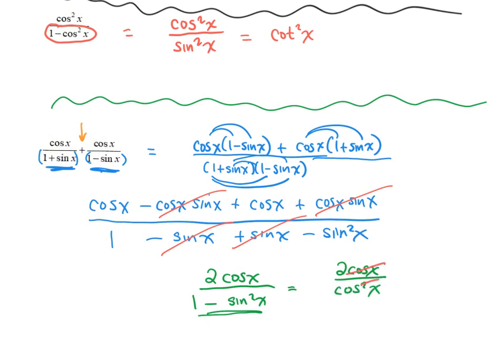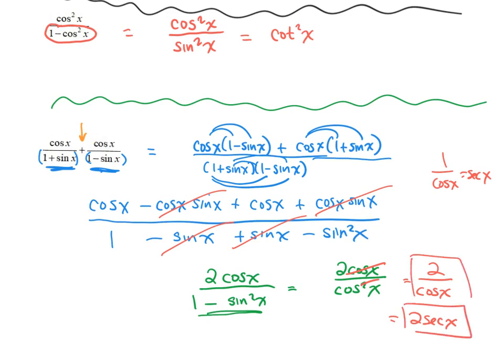Then we can eliminate one of the cosines. So we get 2 over cosine x. That would be fine. Or if you wanted to go further, since 1 over cosine is secant, I could write it as 2 secant x. I think I like 2 over cosine better. I guess it just depends on what we're doing in calculus. But both are the same identity, just written different ways.